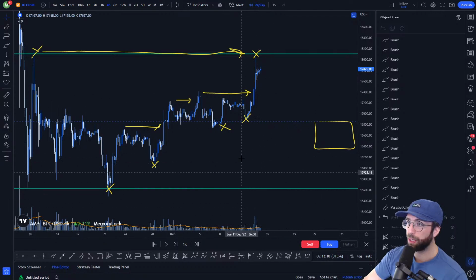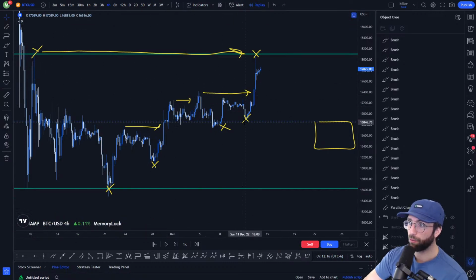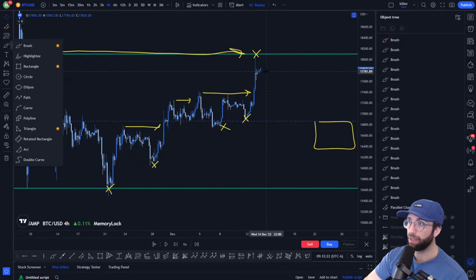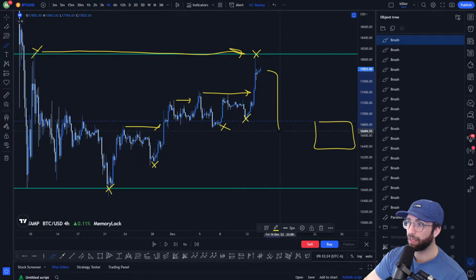And if you longed in there, where would you put your stop loss? Well, you probably have your stop loss below here. So what would really upset you, or not be good for you, would be if price were to come down and take out your stop, or revisit your entry. That's not something that you're going to want to see happen to you.